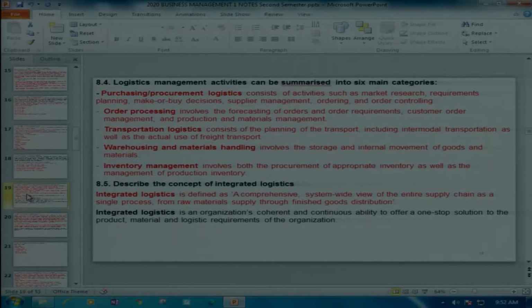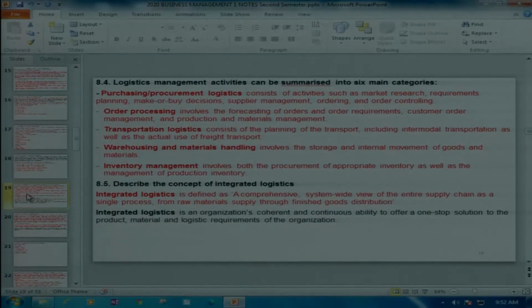Order processing involves the forecasting of orders and order requirements, customer order management, and production and materials management.